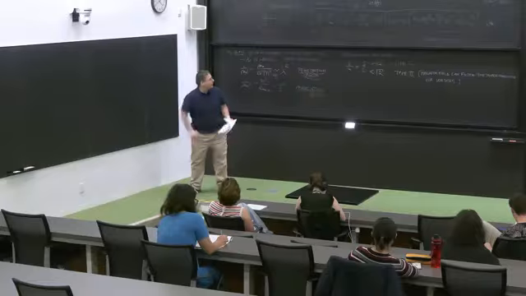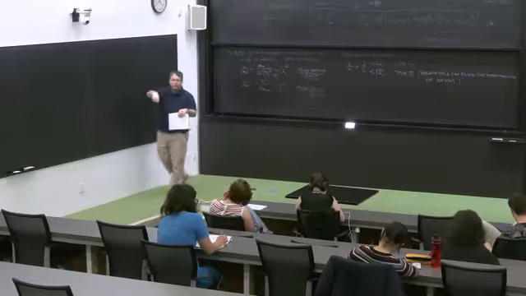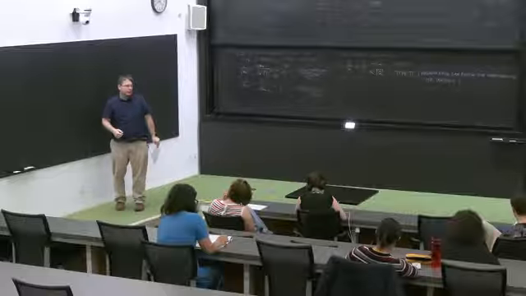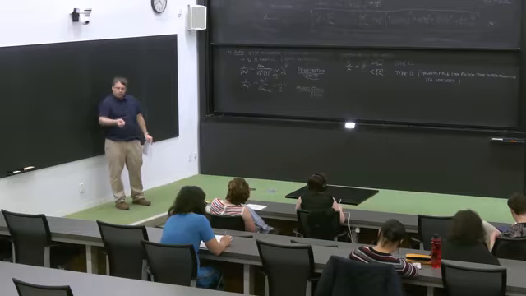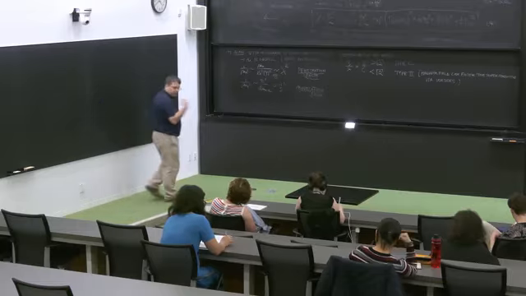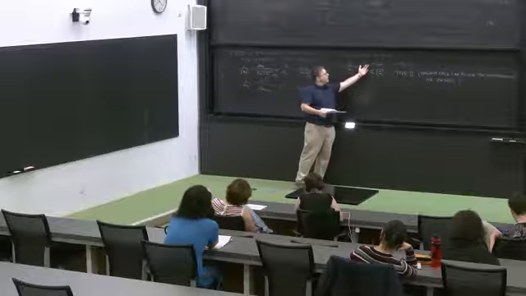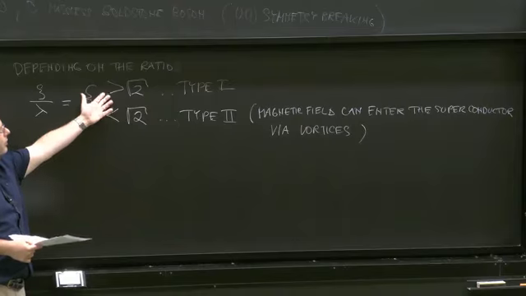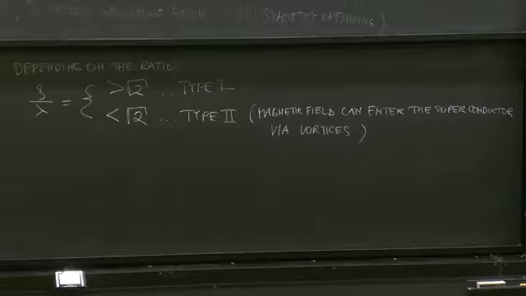So actually, here, the magnetic field really can penetrate. It's done through these vortices, which you probably discussed in statistical physics as well. But it doesn't necessarily destroy the superconductivity. Only when the magnetic field is very, very large, it will destroy the superconducting state. In the other case, you are saying, well, I cannot have magnetic field inside at all. Here, I can have, and it enters in a weird way.